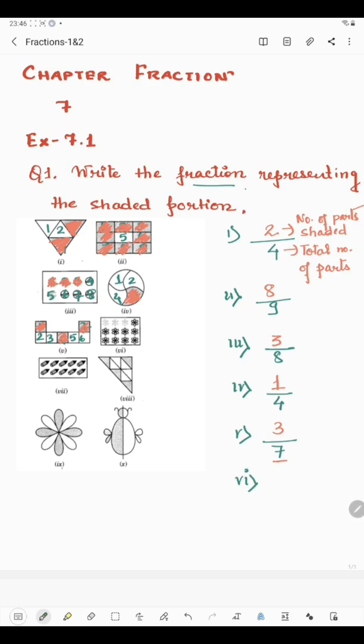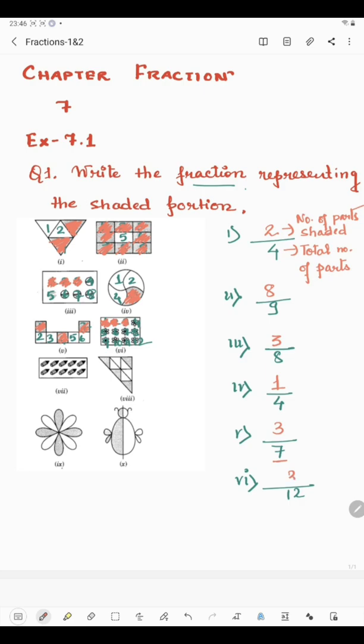Now in the next part we have 1, 2, 3, 4, 5, 6, 7, 8, 9, 10, 11, 12. So we have 12 flowers, and out of 12 flowers 3 are shaded. Okay.